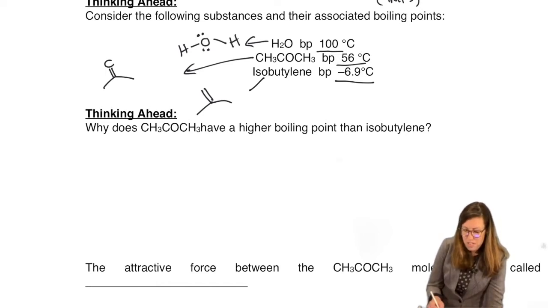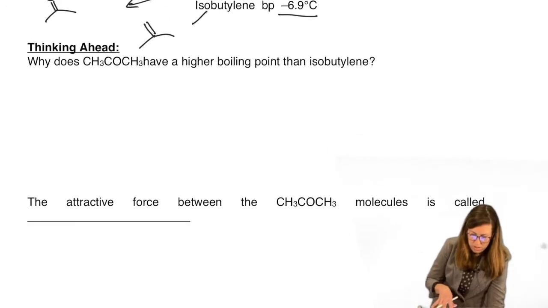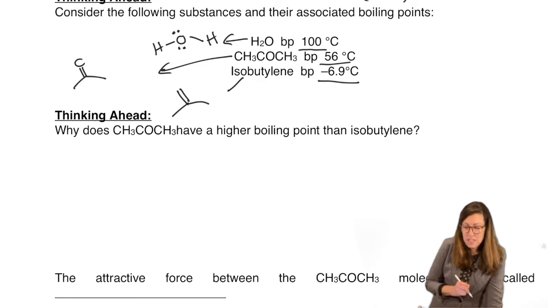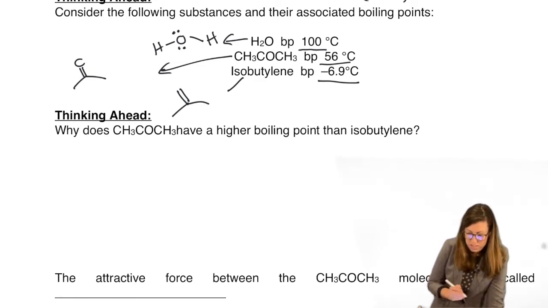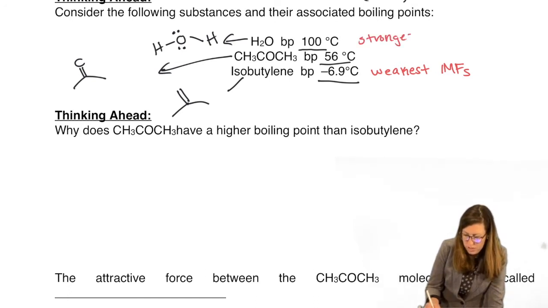So in other words, it's harder to evaporate acetone. It's even harder to evaporate water. What's going on? Based on the trend above, if boiling point is affiliated with intermolecular forces, this one, since it has the lowest boiling point, must have the weakest intermolecular forces. Therefore, this one must have the strongest intermolecular forces.